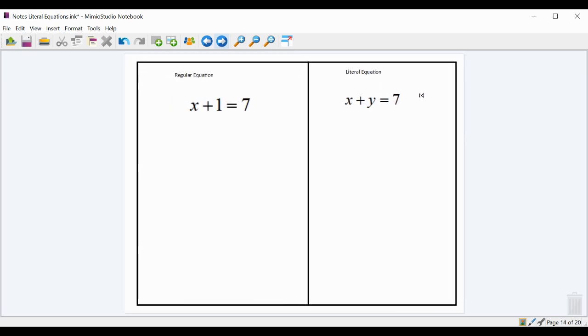So regular equations, how we would solve them would be, let's go with that orange. I kind of like that. X plus 1 equals 7. So there's no distributing. There's no combining like terms on the left or the right. It's no moving the variable because it's already on one side.